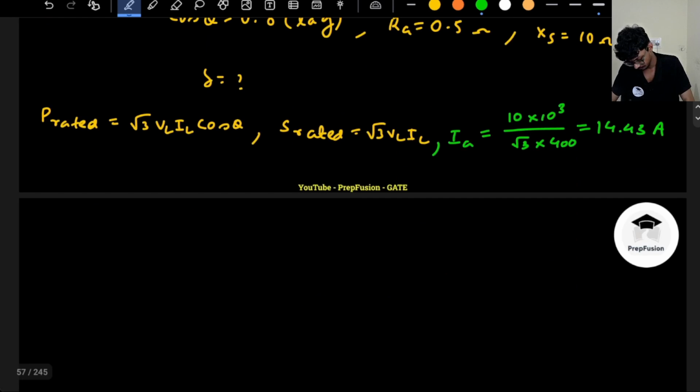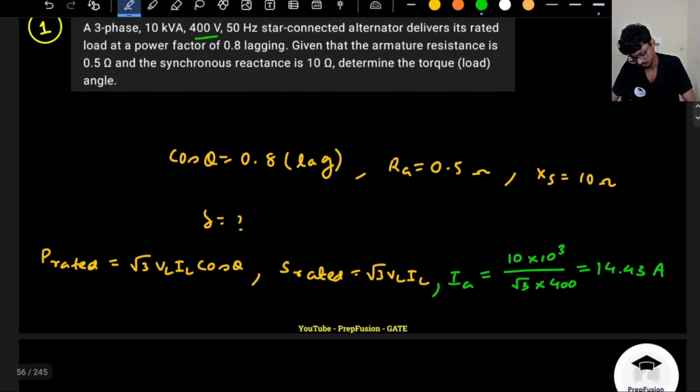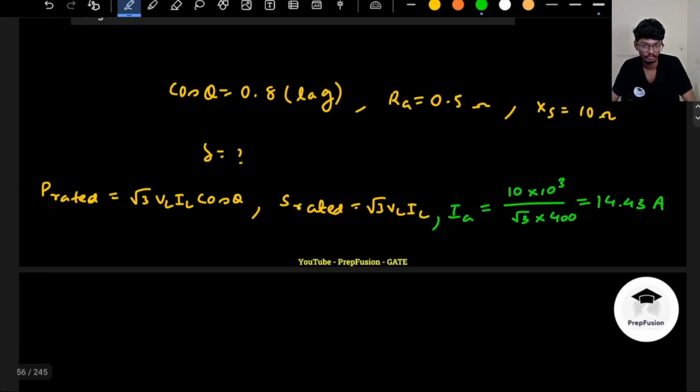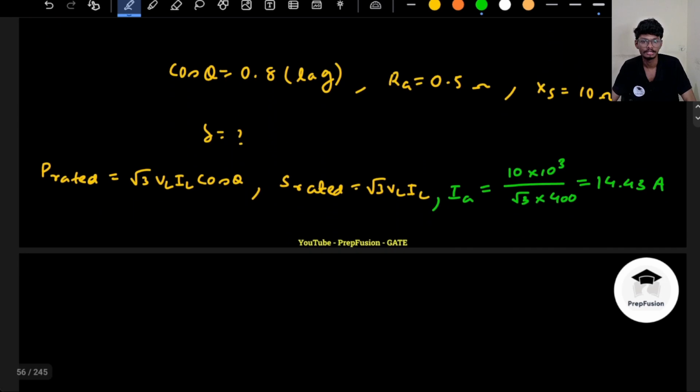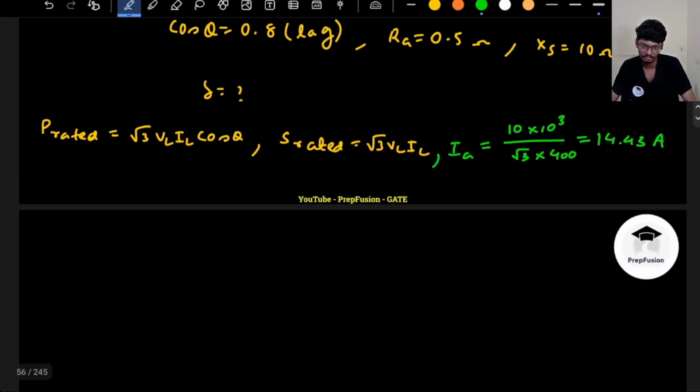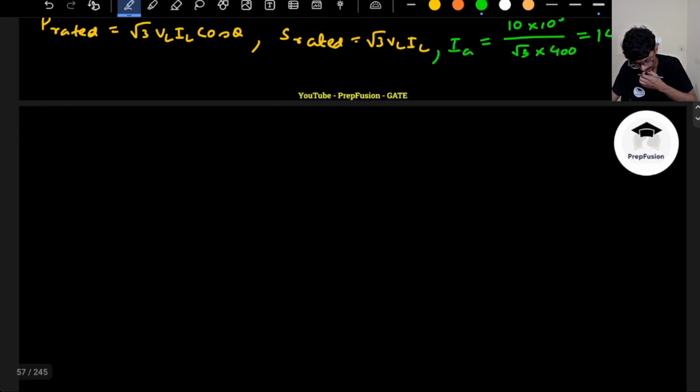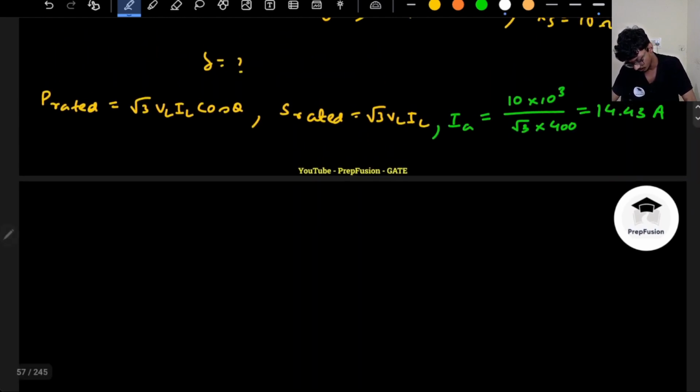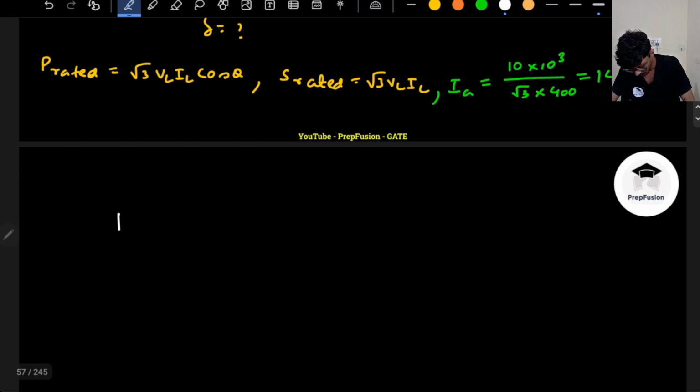So now let's basically write the formula. What they're asking me to find out is the angle delta. How will I find out the angle delta? You can use the formula or you can solve by basics as well, whichever one is suitable to you. I know this formula, tan of psi. It is a lagging load.